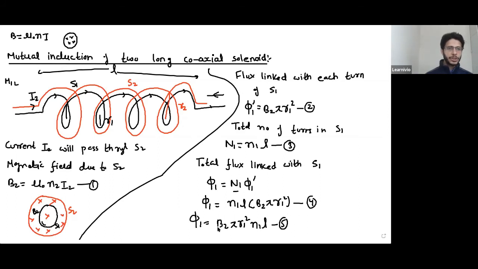Next, I can substitute the value of B2 from equation number 1.